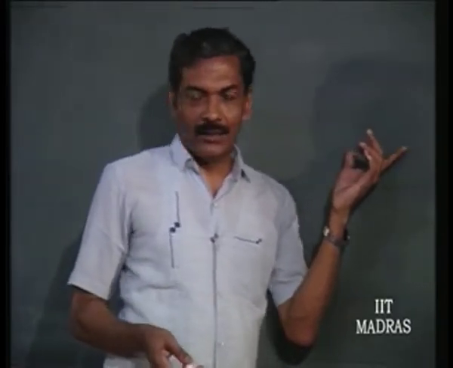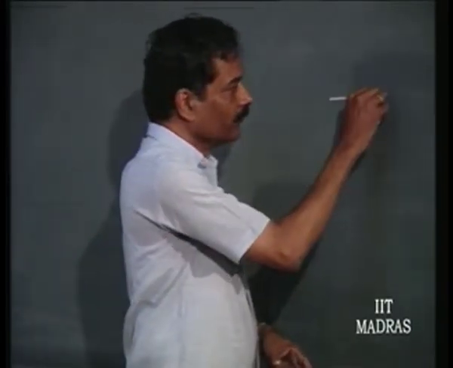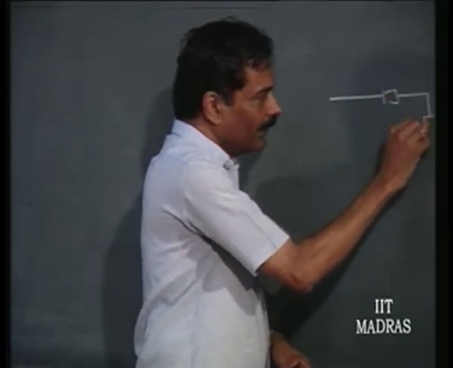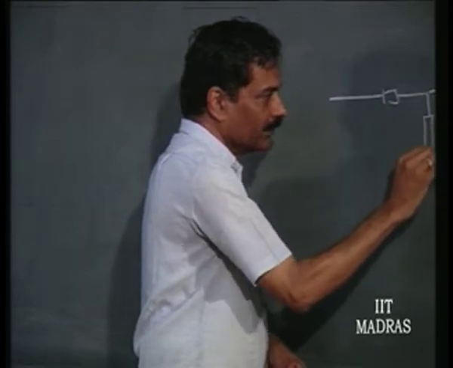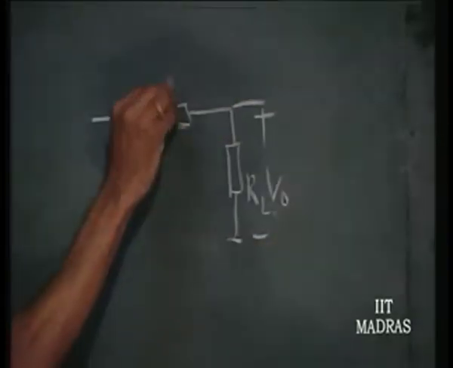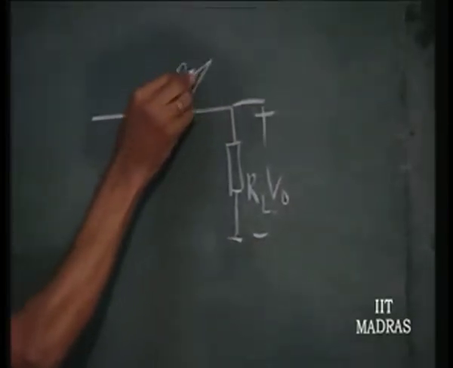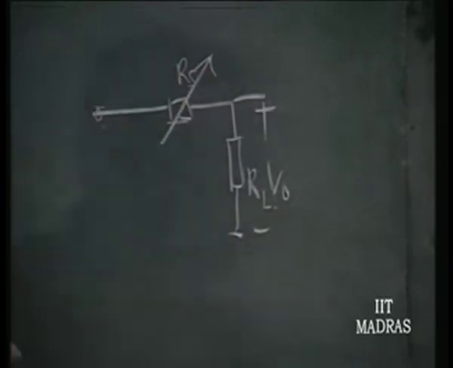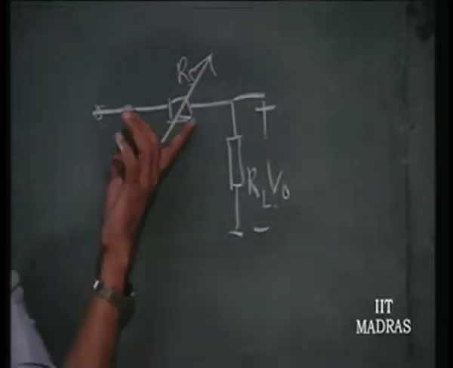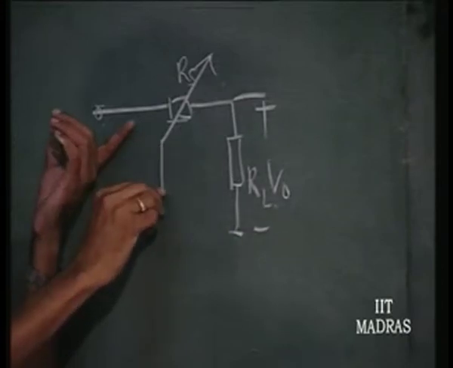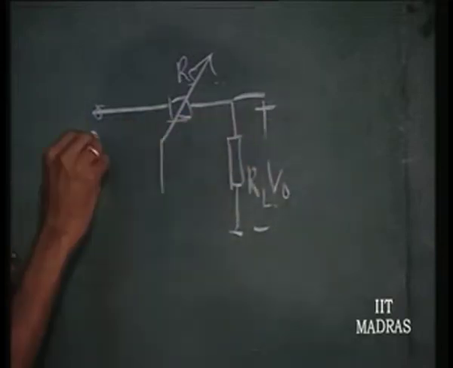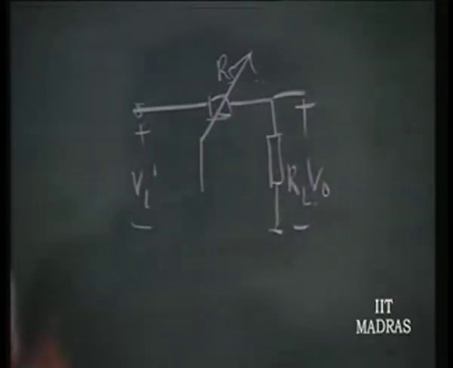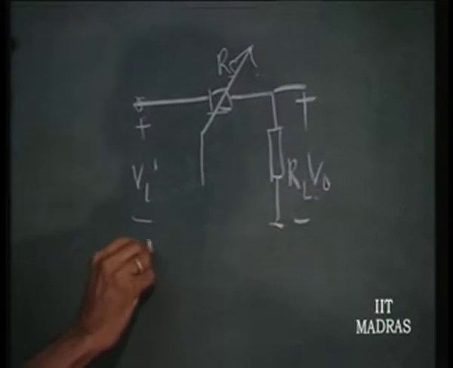The technique of maintaining the output voltage across a load constant involved putting an active resistance, which is nothing but the transistor, and varying the drop across this in the active region. Therefore, the output voltage remained constant when the input voltage was varying.